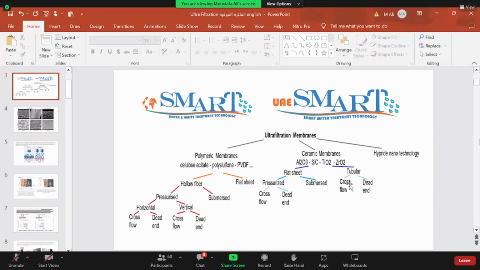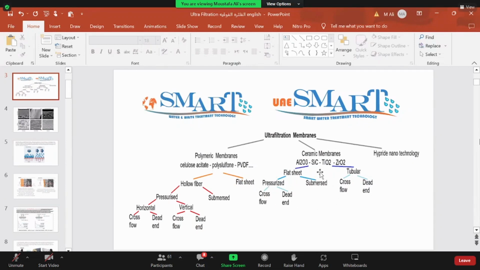What we want to mention today is the application of these types of membrane. It can be pressurized or submerged. We'll discuss the pressurized type and submerged type in detail in our lecture.